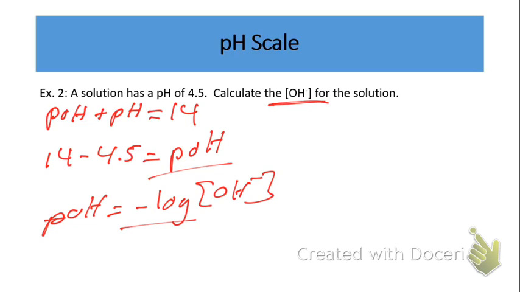Take the inverse of that, so in other words, the hydroxide concentration can be found by taking the negative pOH value and the inverse log of that. And then that would give you the OH concentration. So that's another way of doing example problem 2, looking at the pOH and the pH relationship, okay?